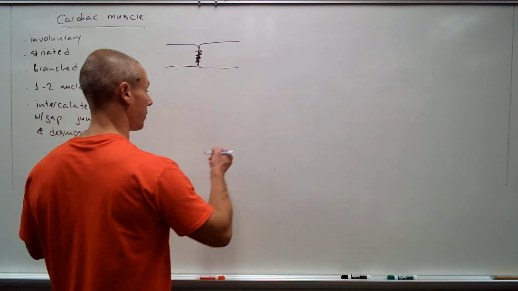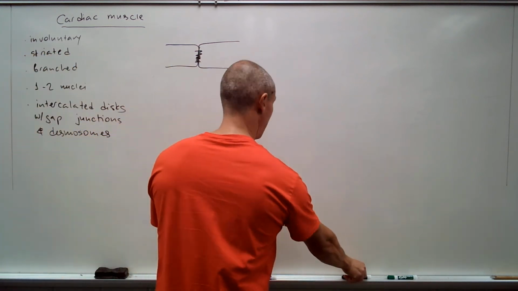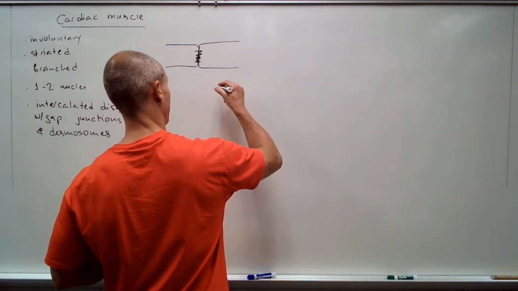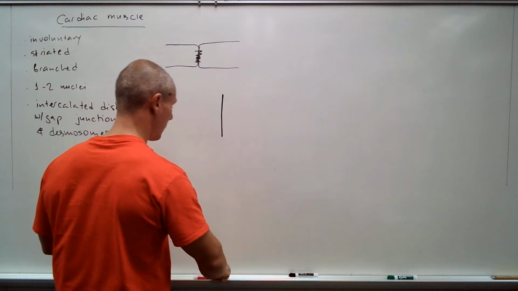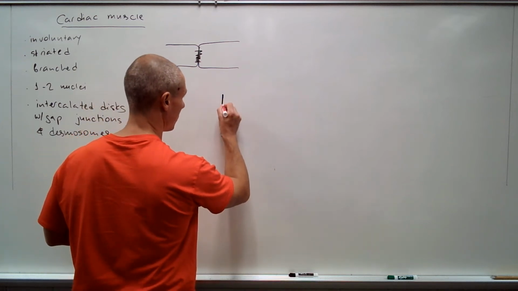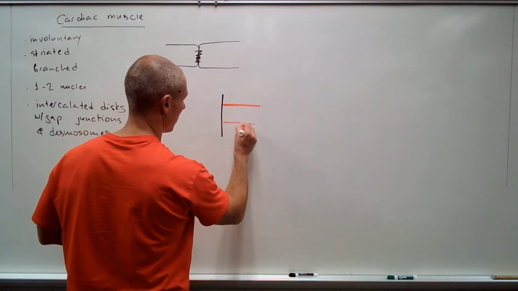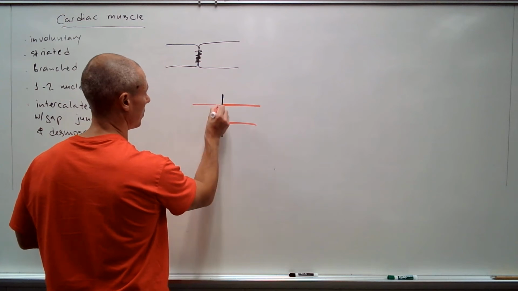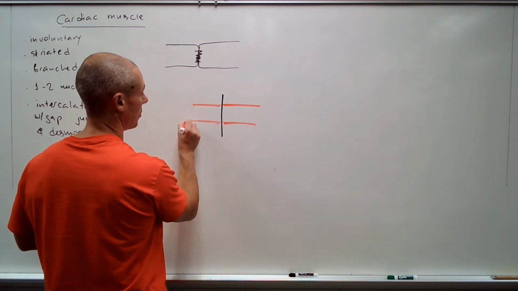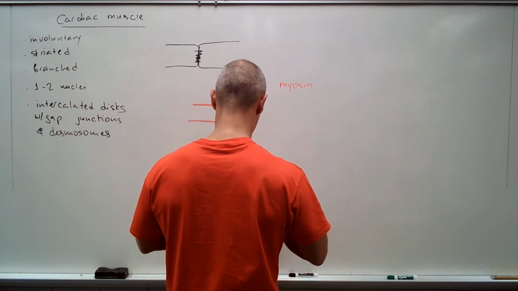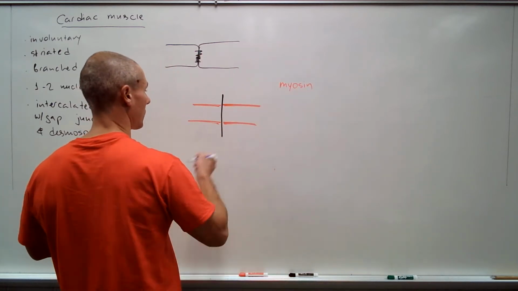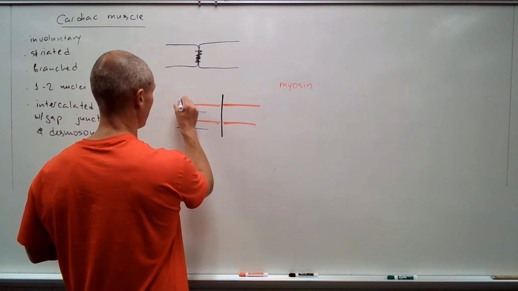You've got central line, the M line. You've got thick filaments. Okay, so that's going to be myosin. You've got thin filaments.